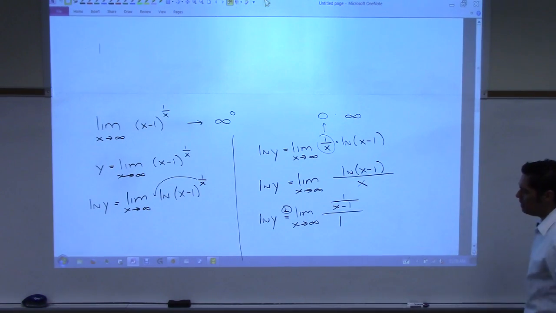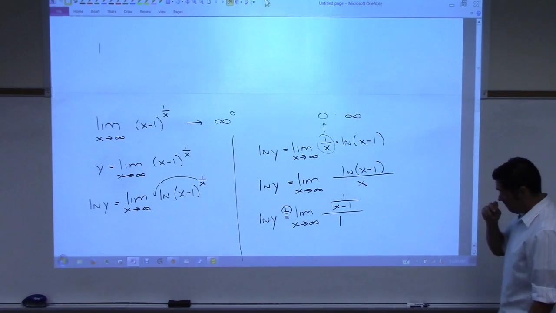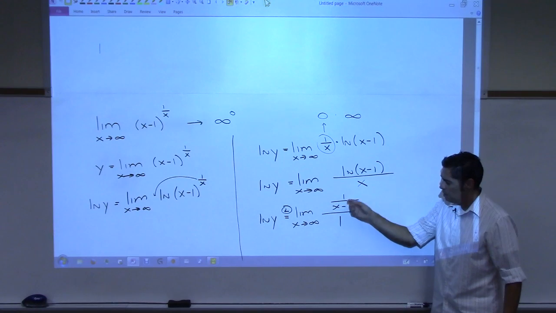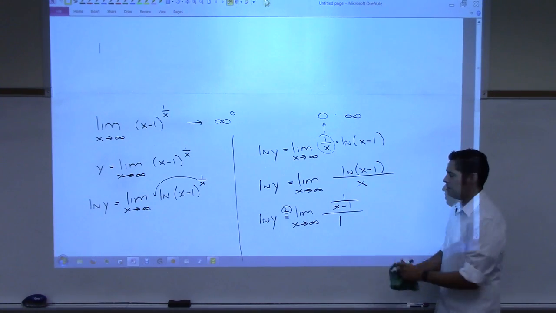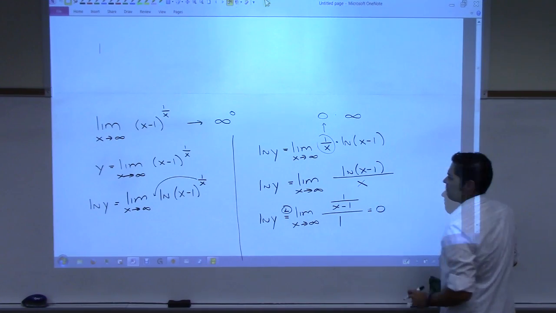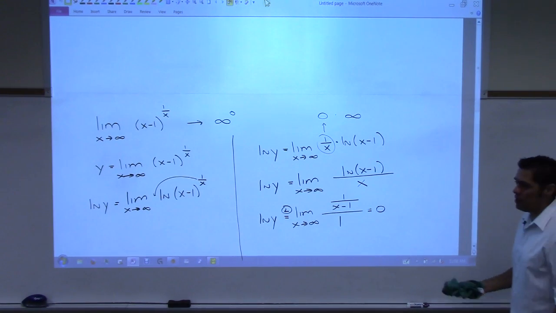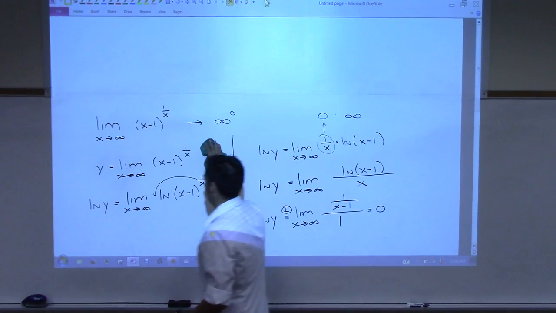And now let x go to infinity. What do you get? Fixed over infinity goes to 0 over 1? 0. So this is just 0. So is our answer 0? No. We know that the natural log of y equals 0.